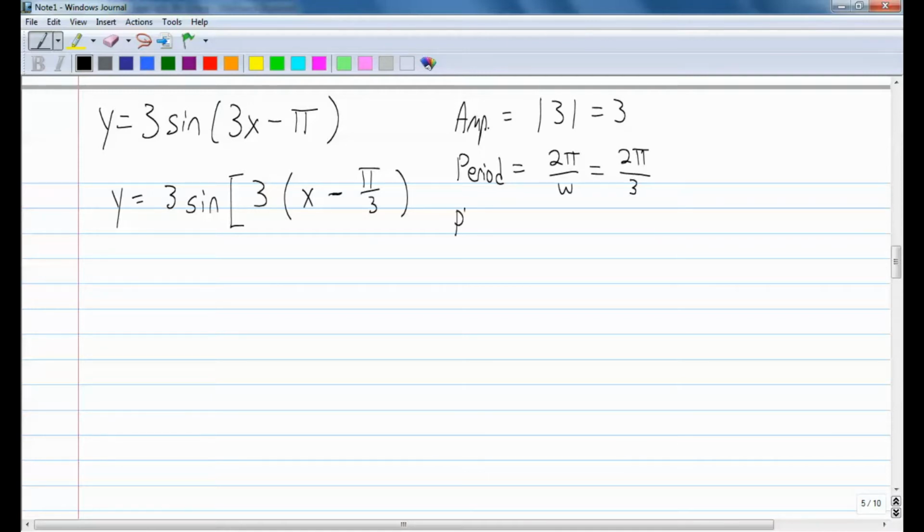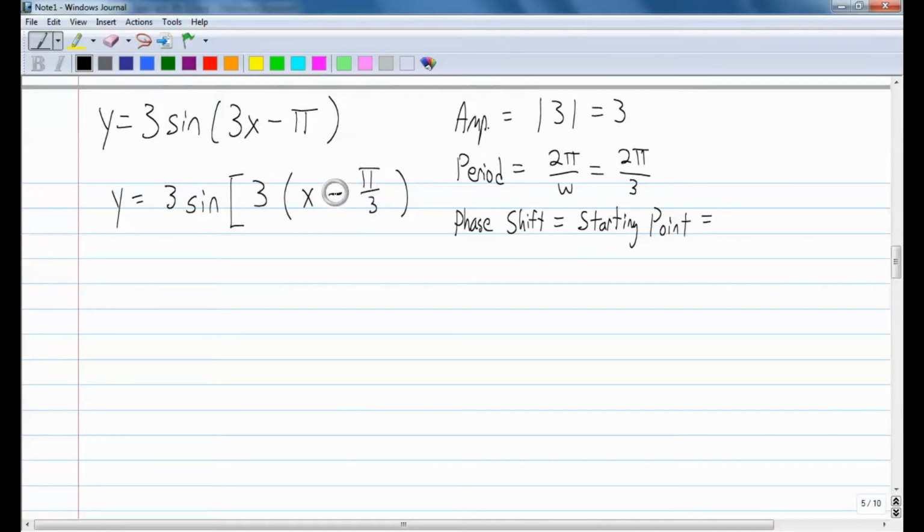The phase shift, which is the same thing as the starting point for one period, is now going to come from our equation. Alright, whatever number you have here after you factored out your omega, that's your phase shift.